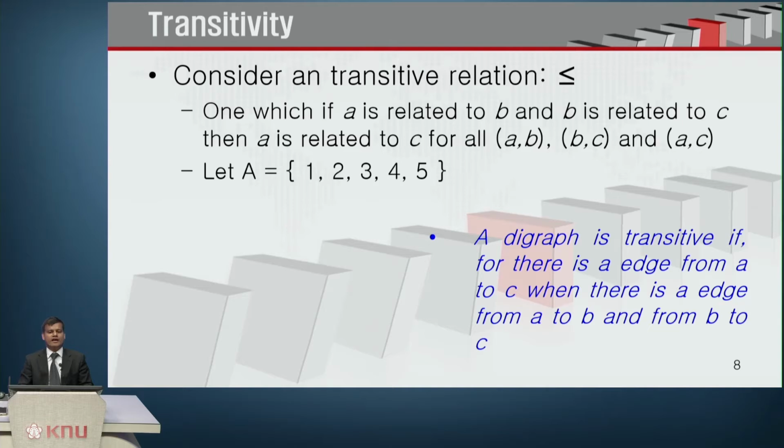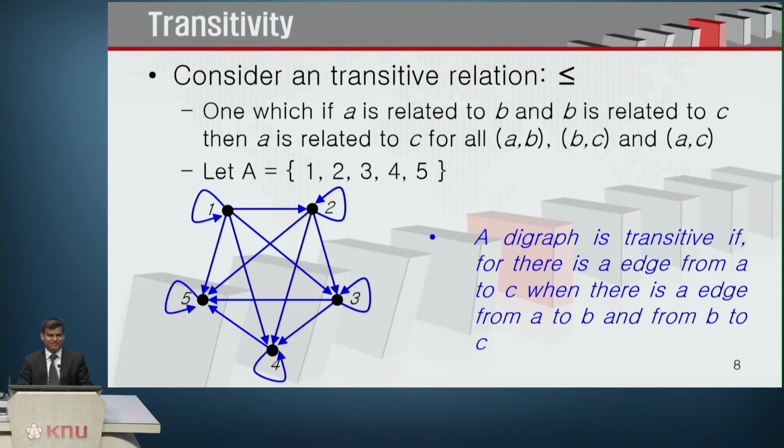Again, a digraph is transitive if there is an edge from A to B and an edge from B to C, then there should be an edge from A to C. You can see here, if you look closely, there is an edge from 1 to 2, then an edge from 2 to 3, and there is an edge from 1 to 3.